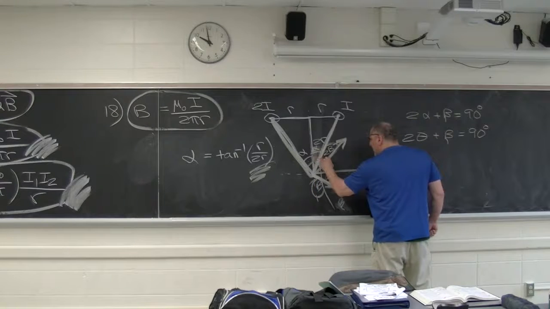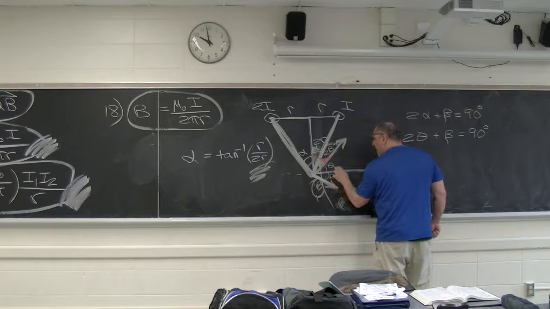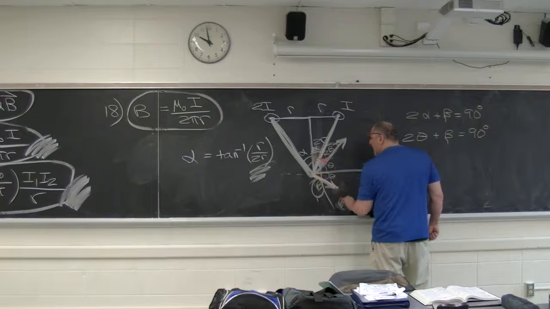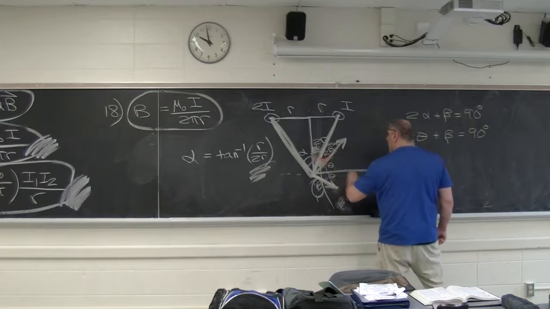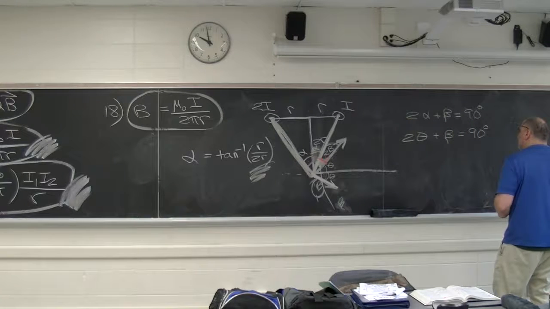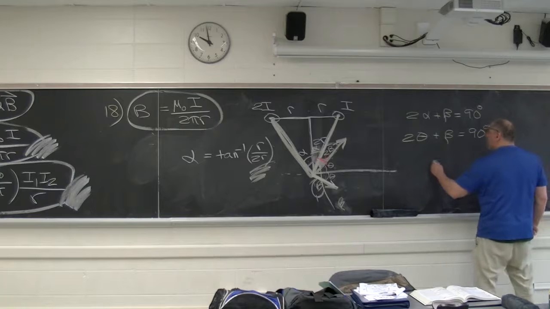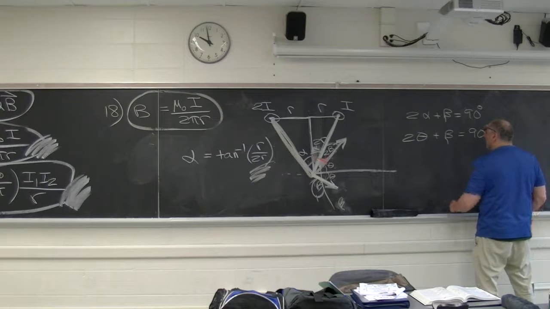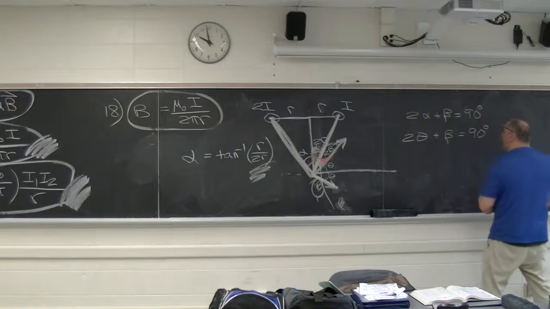But this is beta. Theta plus beta would give you 90. Alpha plus alpha plus beta would give you 90. It's pretty interesting stuff in that regard. You tell me where this is going to go.